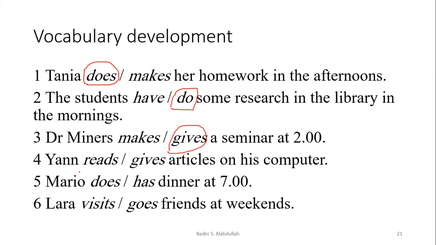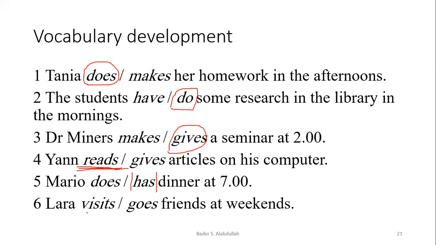Jan reads or gives articles on his computer. You don't give an article on your computer. You read articles on your computer. Okay? Mario does or has dinner at 7. Well, Mario has dinner at 7. Lara visits or goes friends at weekends.